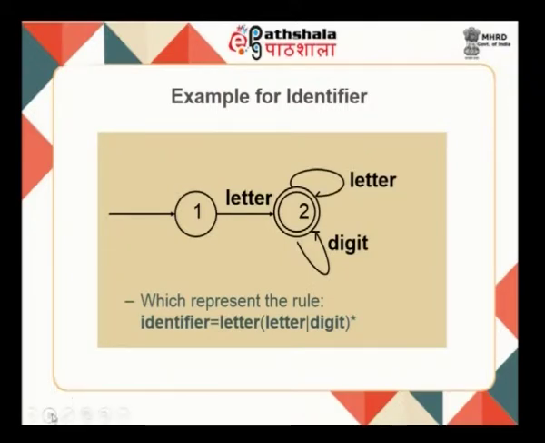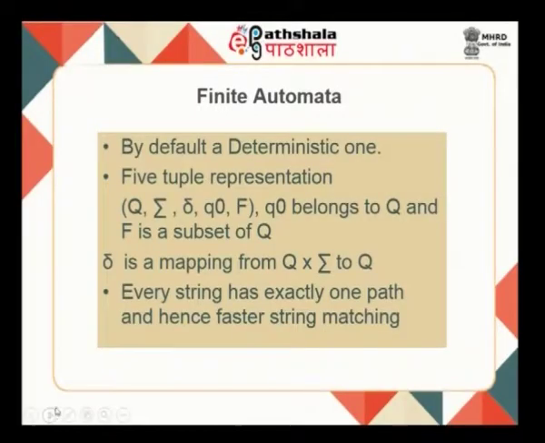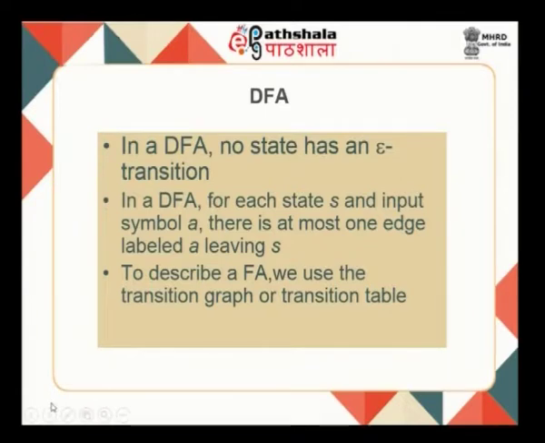So, a deterministic finite automata is going to be faster in string matching, because for every string there exists exactly one particular path from the start to the final state. Now, in a DFA, no state has an epsilon transition, that is, without consuming an input symbol you cannot change state.